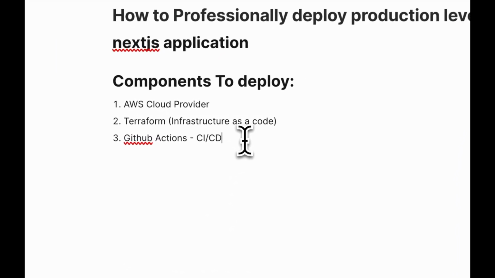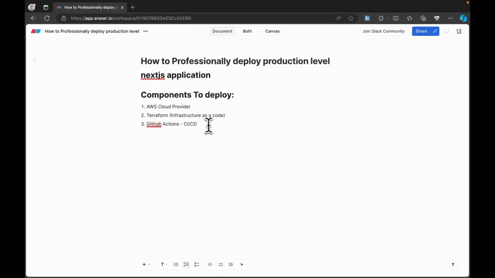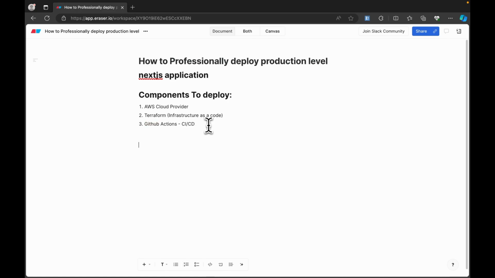So this was the technology that we'll be using to get this done, or to deploy our application. Now, talking about the infrastructure level, there are core important components that we must know, which are part and parcel of every deployment or infrastructure that we'll be creating.